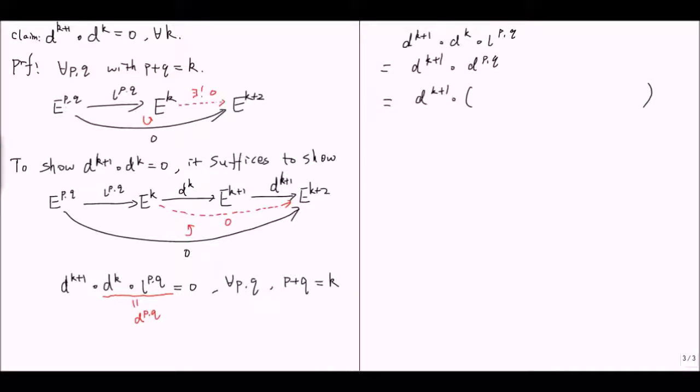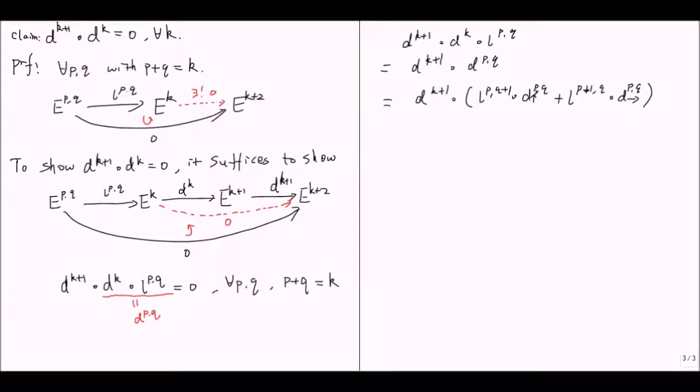d^{k+1} composed with the sum iota_{p,q+1} composed with d_up_{pq} plus iota_{p+1,q} composed with d_right_{pq}.